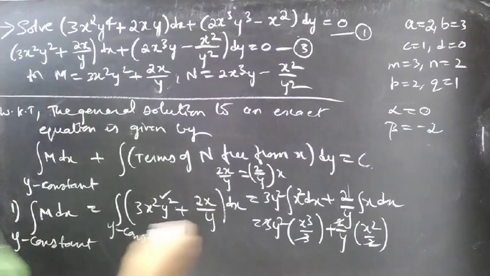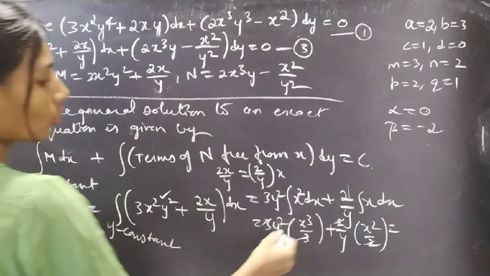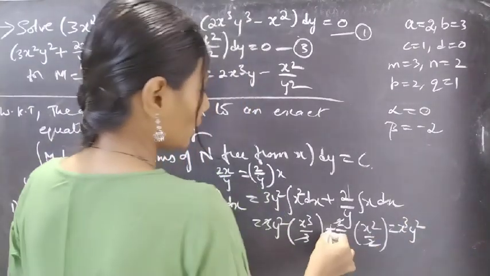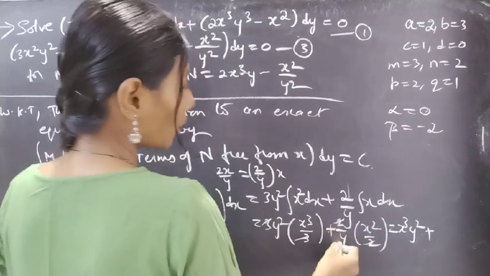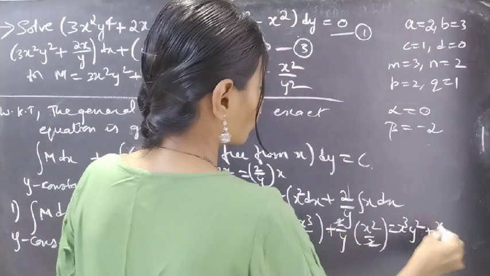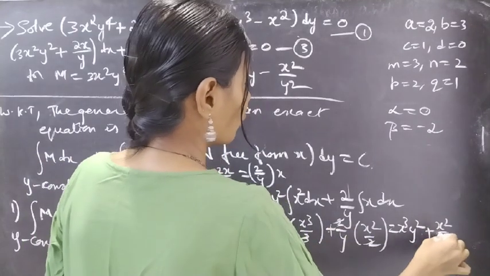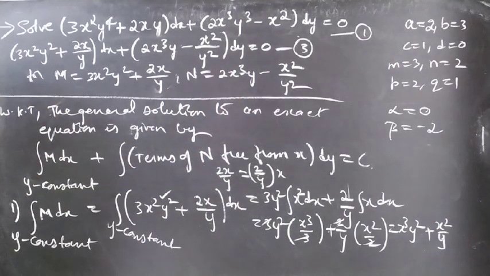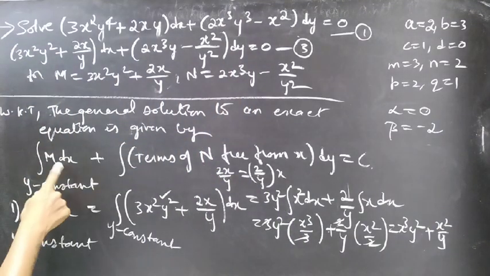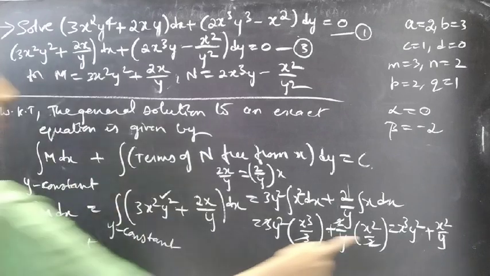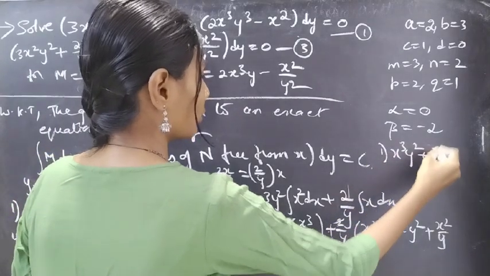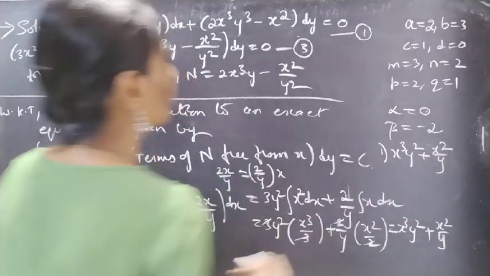This gives us x cube y square plus x square by y. So the result obtained from the first integral is x cube y square plus x square by y.